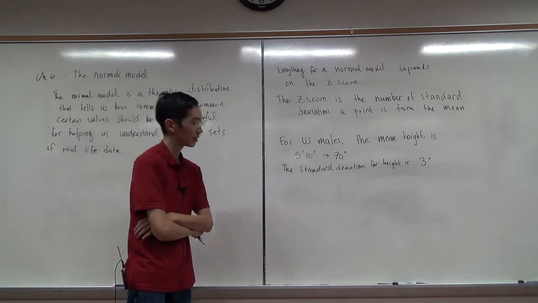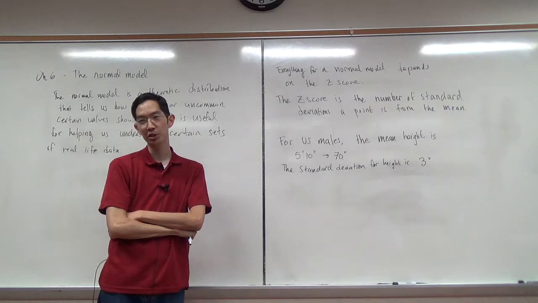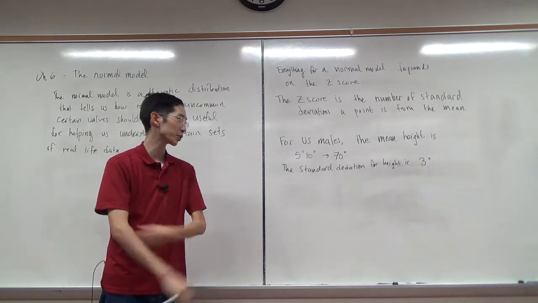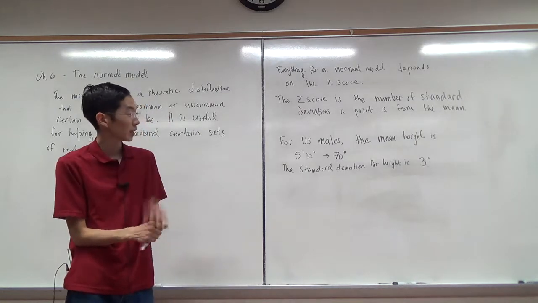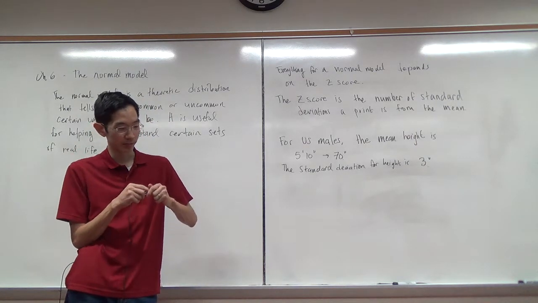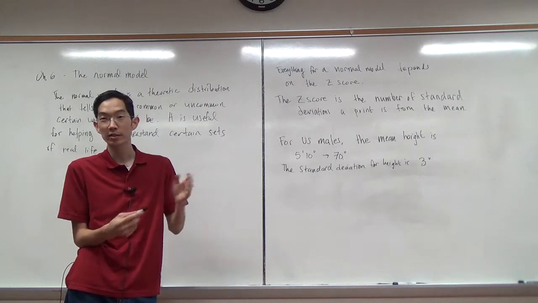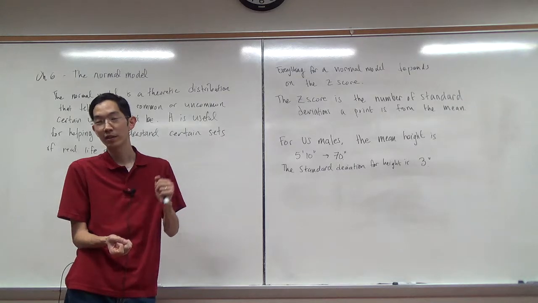So let's say someone is 73 inches tall, so 6'1". What is this person's z-score? Positive 1, okay? And if someone is 5'7", 67 inches, that person's z-score is negative 1, okay?